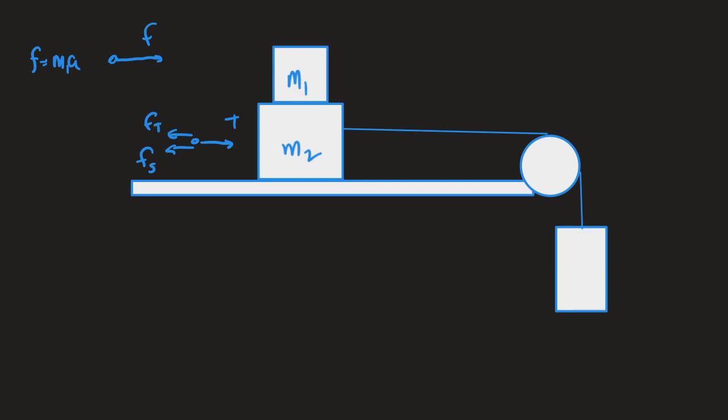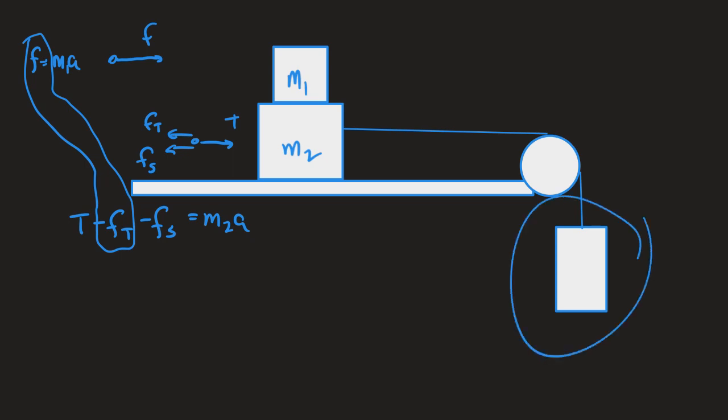Then the net force on it is going to be tension minus the friction from the top block minus the friction from the surface, and that's going to equal M2A, right? So right away, I noticed that these two frictional forces are the same. So before I even consider this box over here, I could substitute and I'll get tension minus M1A minus the friction from the surface equals M2A.